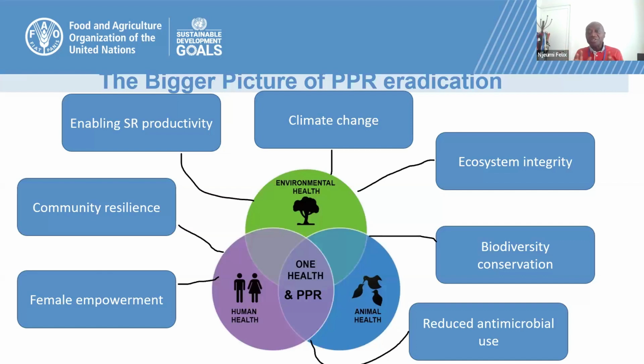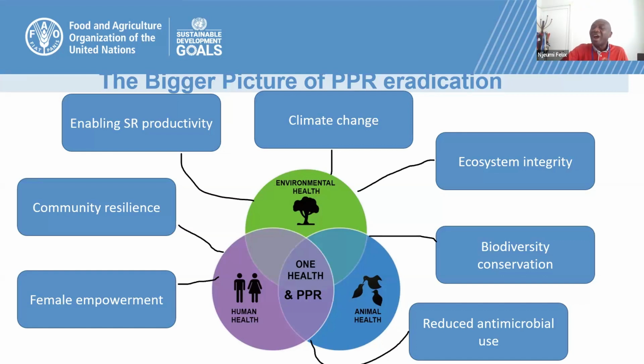Then I will finish with this slide that also summarizes what I was saying, the bigger picture of PPR. It's true that when looking at PPR and One Health, we have to see whether PPR is linked to environmental health, is linked to animal health, is linked to human health. But if we start with environmental health, we have to make sure that it is enabling small ruminant productivity.